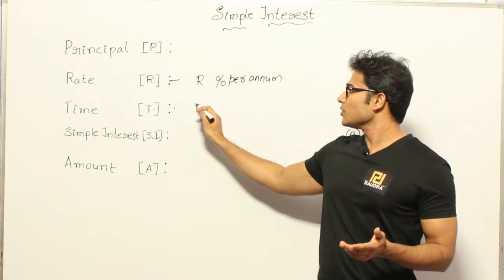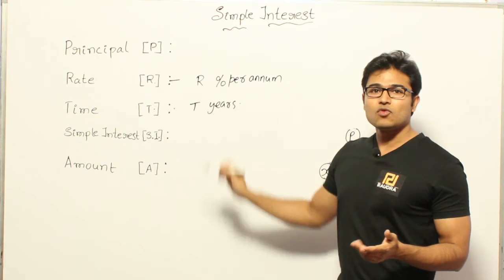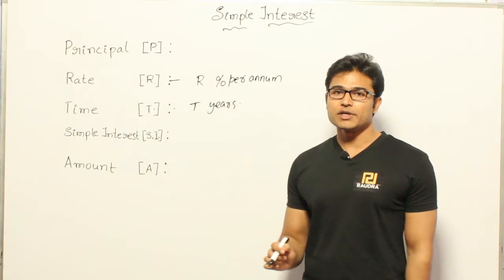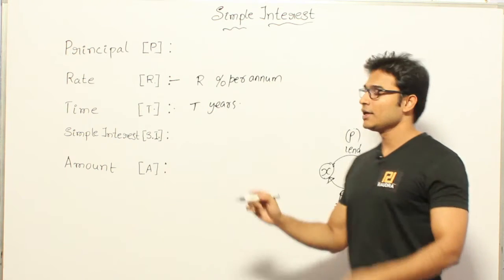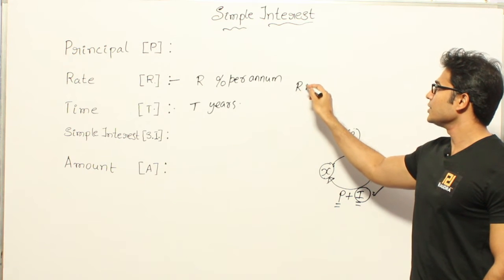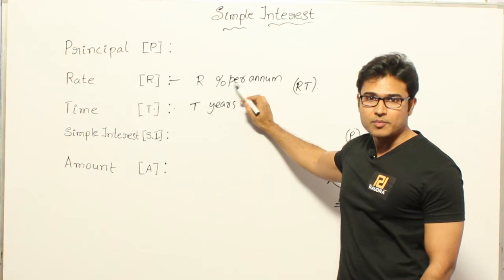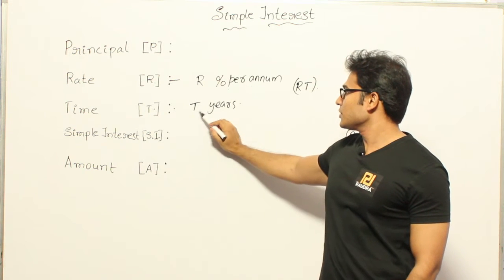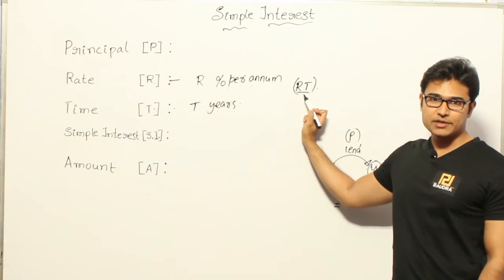Let us say you have invested for T years, then what is the total profit you are supposed to get? I am just correlating it with the profit and loss topic. R into T, right? If you are earning a profit of R percent per annum, and if you have invested it for T years, then you are supposed to get a profit of RT percent.